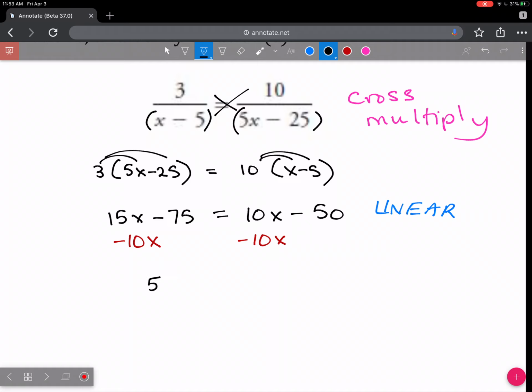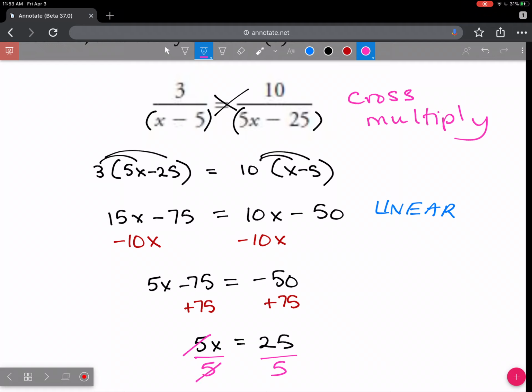Okay, so now we're going to have 5x minus 75 equals negative 50. And then the next step is to isolate the x alone. So add 75, add 75. This now gives us 5x is 25. And now we can divide the coefficient out. So we end up with 1x. So it looks like 1x is 5.